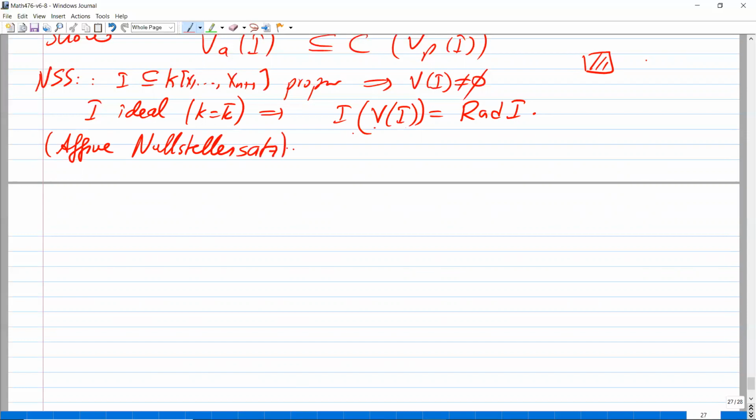Now we will do the projective version of this. Projective Nullstellensatz.